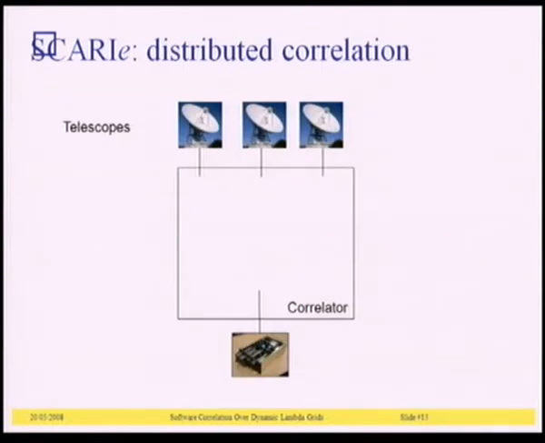But here is the design of the software correlator. It's quite a traditional approach. We have the radio telescopes, which are streaming the data to a set of input nodes. These input nodes pre-process the data. The two main pre-process steps consist in cutting the signal into different sub-frequency bands that can be correlated individually, and also cutting the signal in the time domain into little chunks of time.